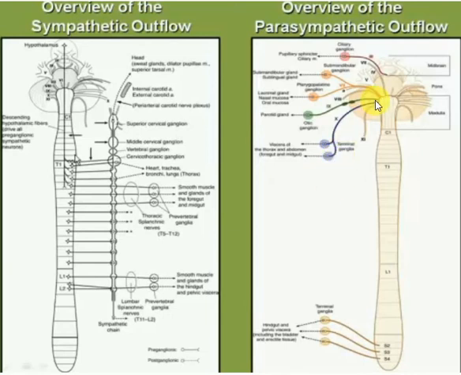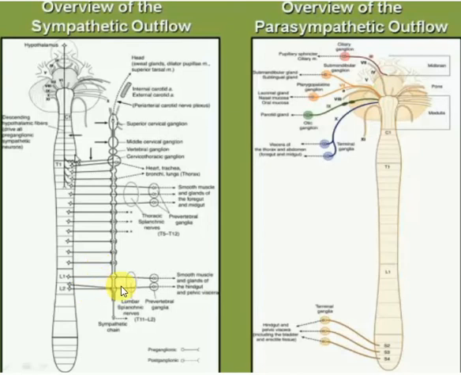The postganglionic cell bodies are located close to the target organ, so they are far from the CNS. Therefore, the preganglionic fibers are long and the postganglionic fibers are short. So these are one of the main fundamental anatomical differences between the sympathetic and the parasympathetic systems.